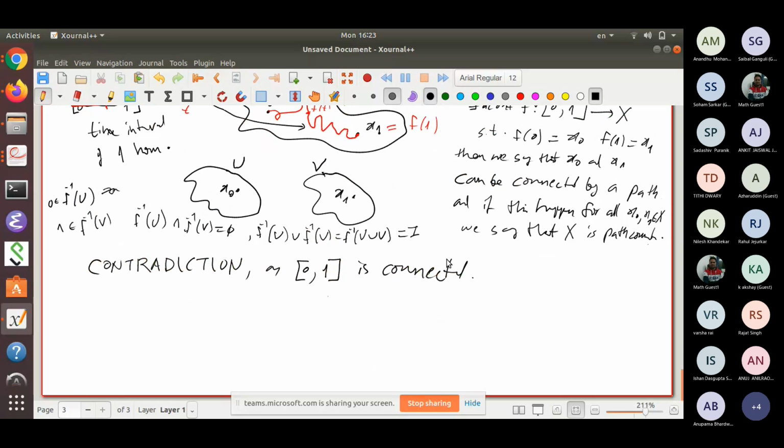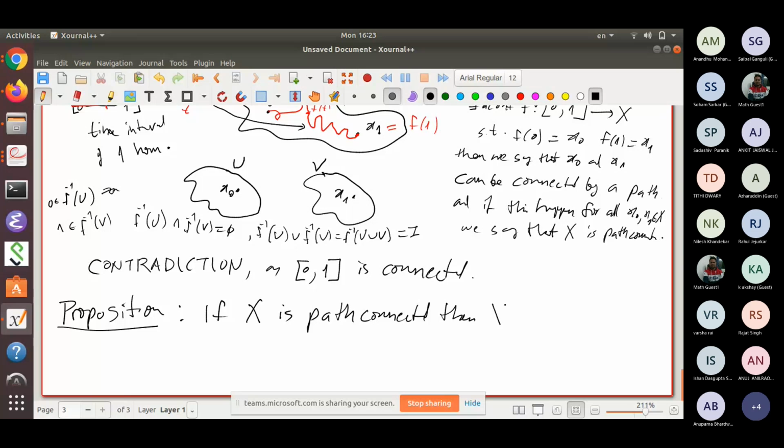So we have therefore proved the proposition: if X is path connected, then X is connected.